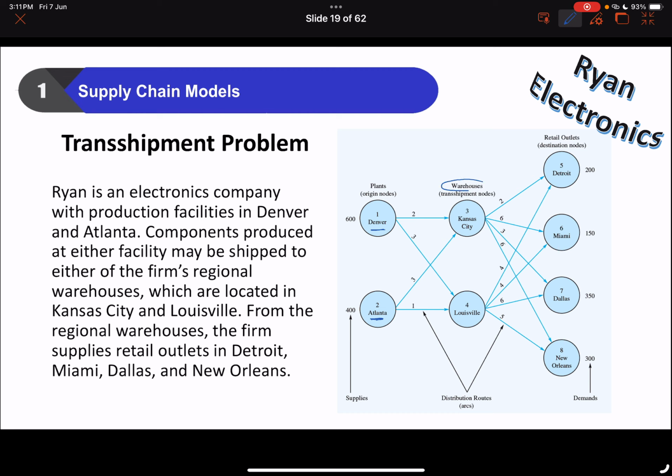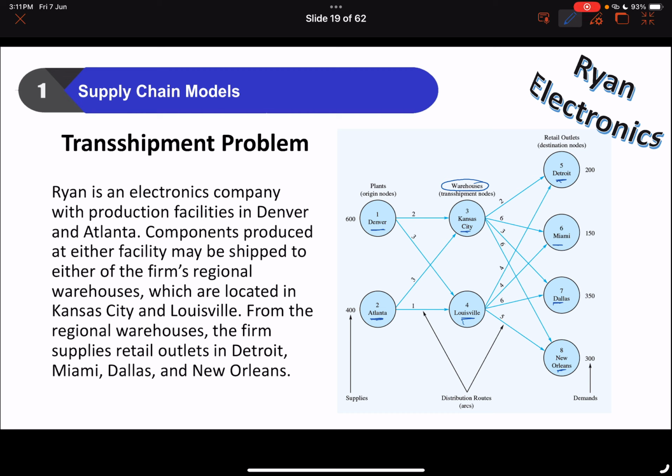And from there, the firm supplies retail outlets in Detroit, Miami, Dallas, and New Orleans. So they have the retail outlets, which are the final destinations.